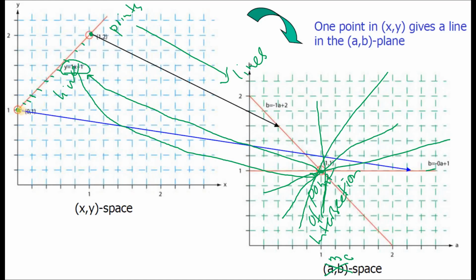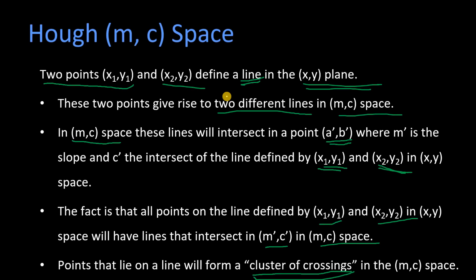And then we discussed that if you have 2 points in the image space, those 2 points will be represented by 2 lines in the Hough space, and the line that is passing through those 2 points will be represented by a point in the Hough space, that is the intersection of those 2 lines.